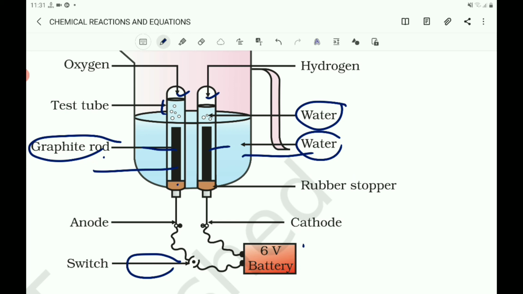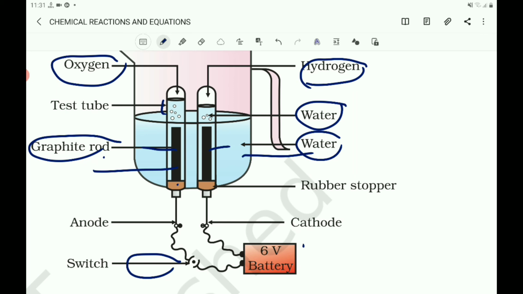So one is hydrogen, the other is oxygen. The gas that burns with a pop sound is hydrogen, and the one in which the candle burns brightly is oxygen.